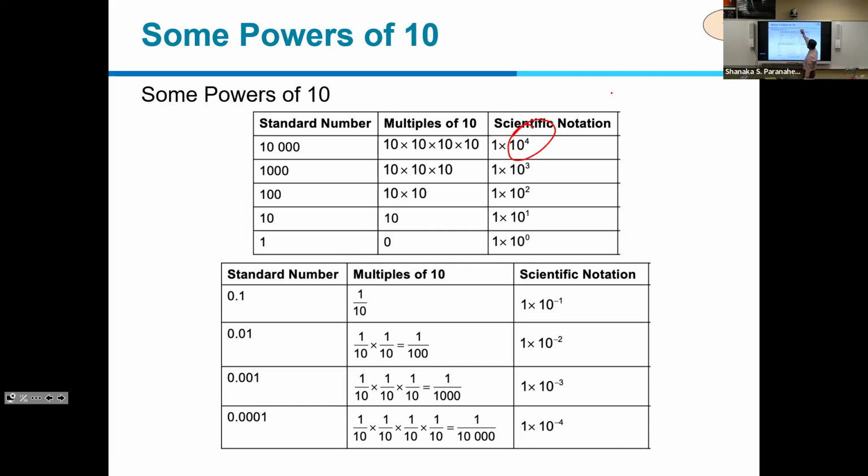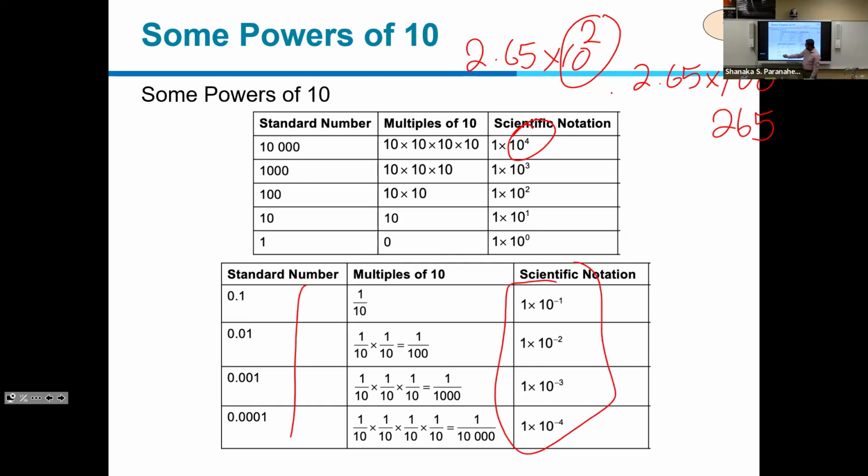Like when it is written as 2.65 times 10 to the power 2. 10 to the power 2 is 100. So you are going to multiply 2.65 by 100. So it's 265. Even with the decimal signs, you can use these values to multiply.